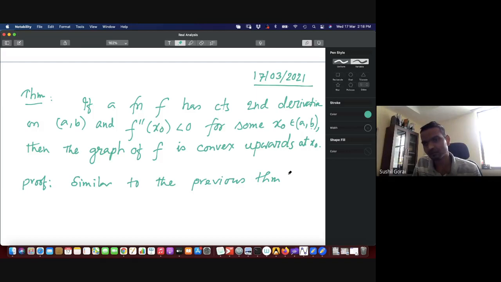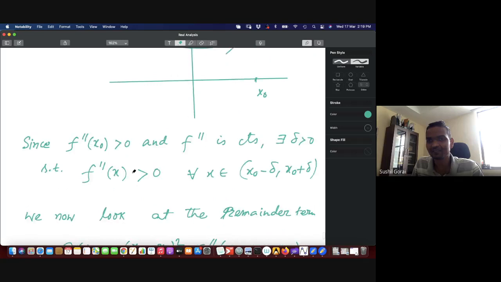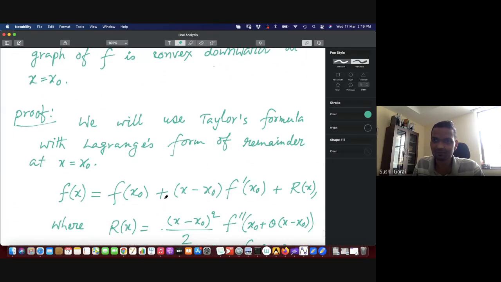And this is an exercise to complete the proof. Analogously, you need to change the sign and you will get it. Same thing.